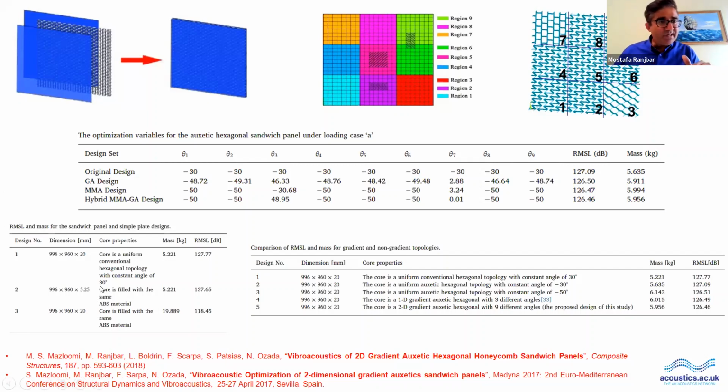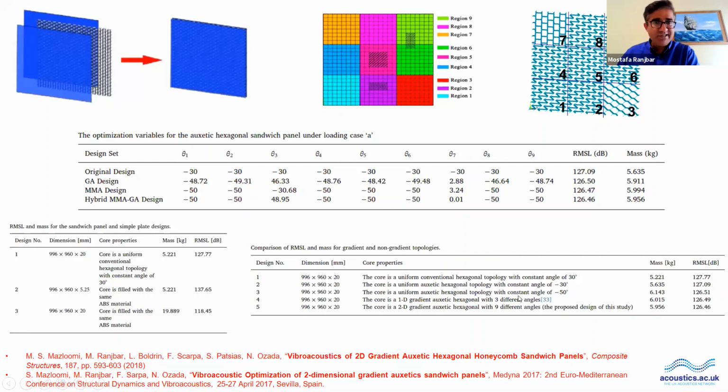But if we consider a solid structure like case 1, you see that we have increased the mass almost 4 times, but only a little bit reduced the noise. So here you can see the effect of the reduction of the mass and the radiated noise at the same time.